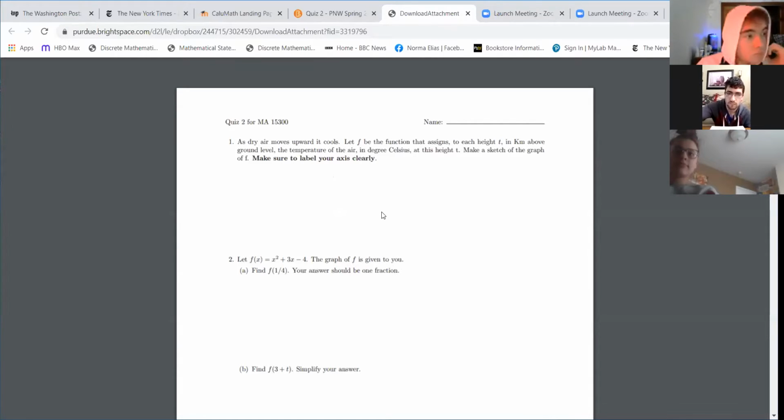What goes on the horizontal? What goes on the vertical? I care about the labeling. So I want you to read it very carefully. What's your input? What's your output? And if you're going to graph it, what should go on the vertical? What should go on the horizontal? But the graph is either increasing or decreasing, one of them. Think about it for a minute. Okay, good luck, guys.